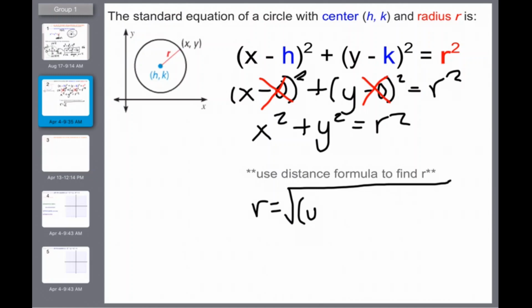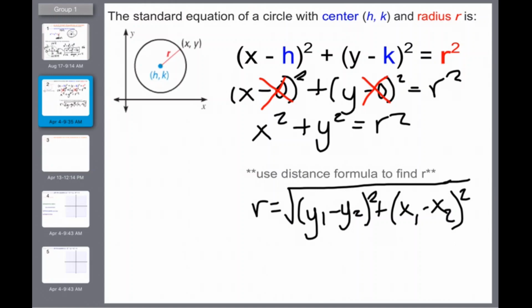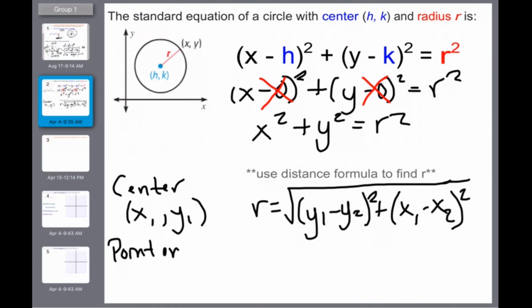It's the difference of our y values squared plus the difference of our x values squared, where our center is x1, y1, and the point on our circle is x2, y2. So this can also help us find the radius.